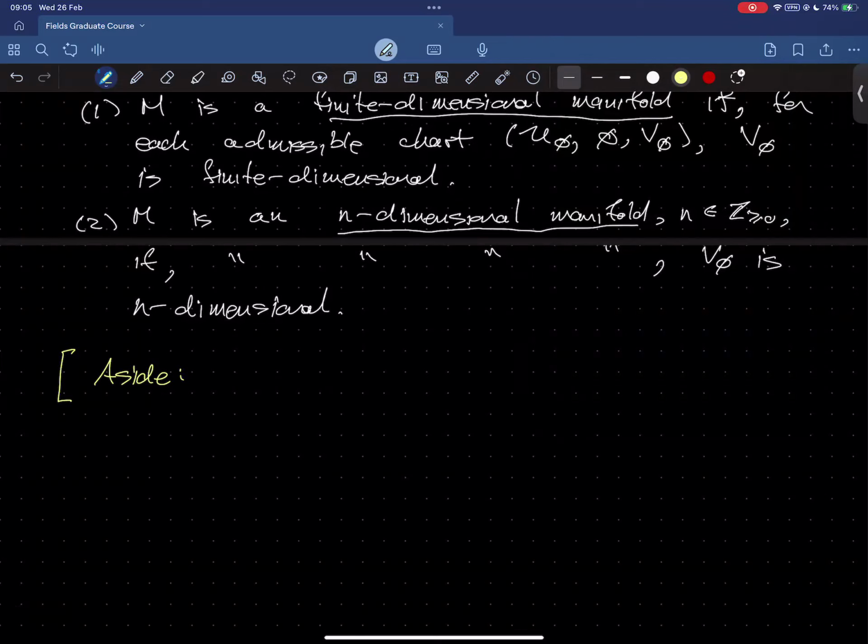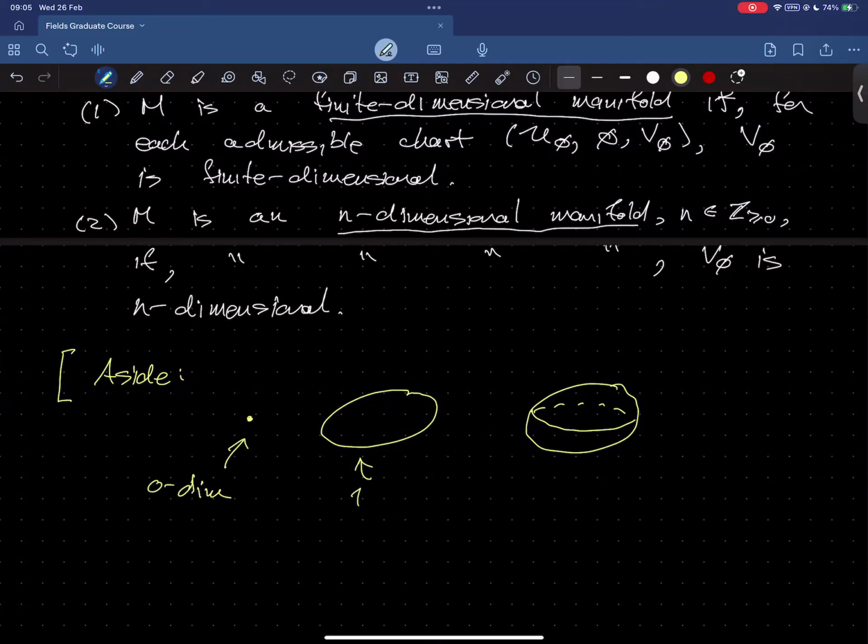The manifold is going to consist of a point, a circle, and a sphere. So it's just the union of these three things. Each of these is, so this one is zero dimensional, this one is one dimensional, and this one is two dimensional.